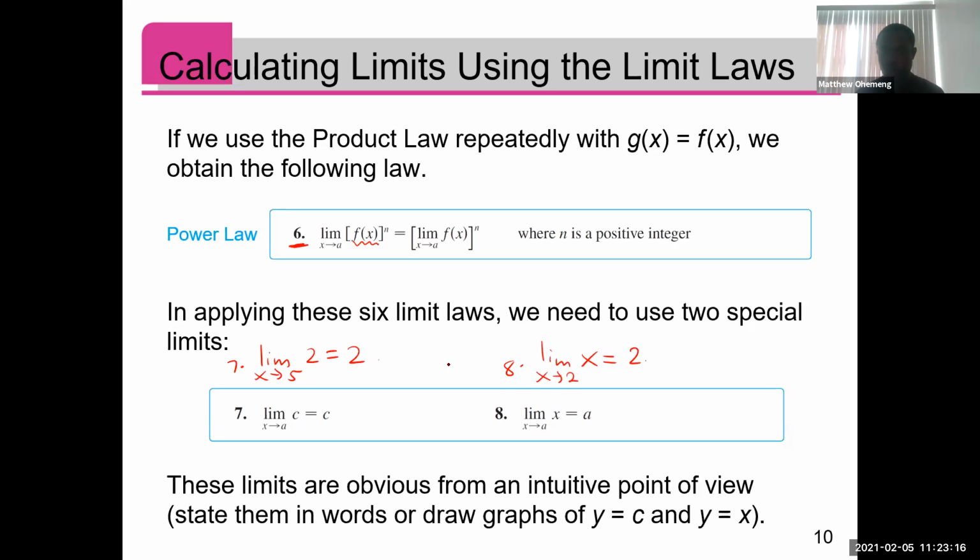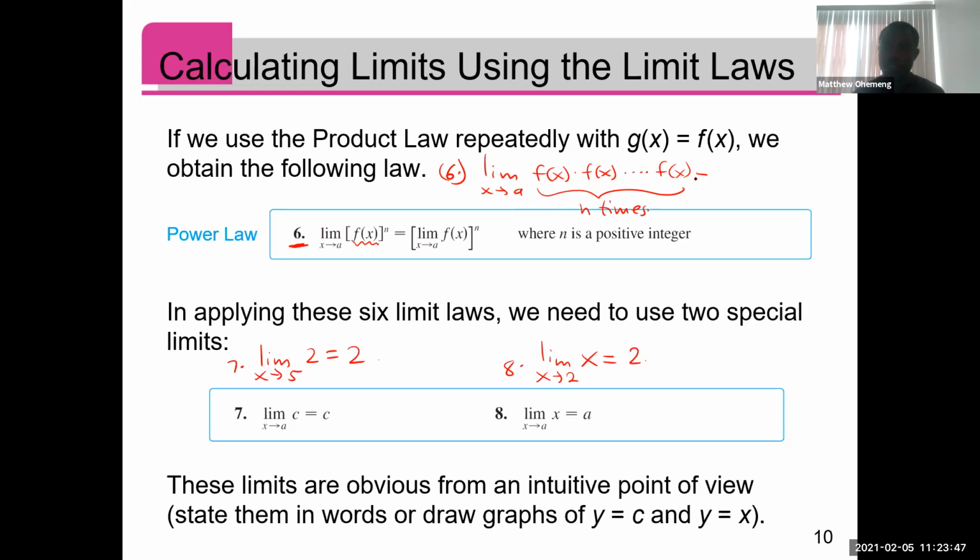Now, why are these true? Well, for the power law, law 6, since the limit of a product is the product of the limits, let me just show you something brief here. As x approaches a, if I have f of x times f of x, and it goes on n times, then we just saw that the product law says the limit of a product of functions is the product of the limits.